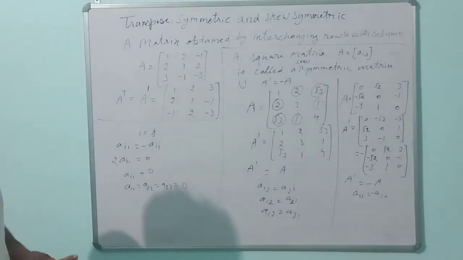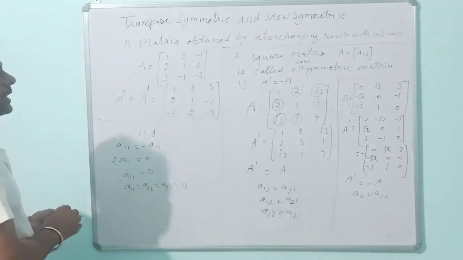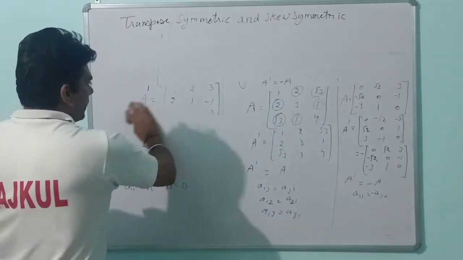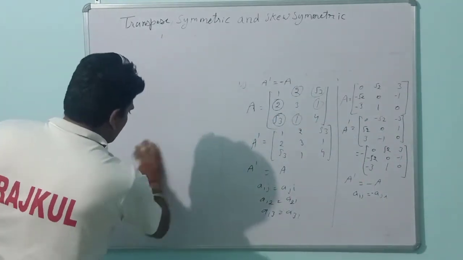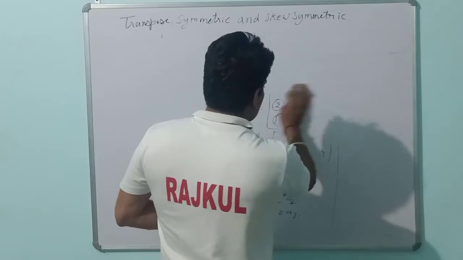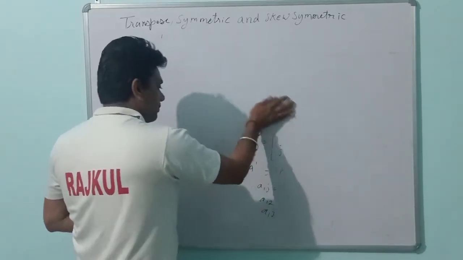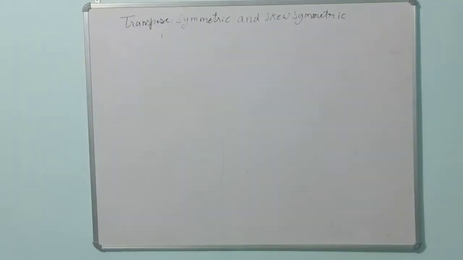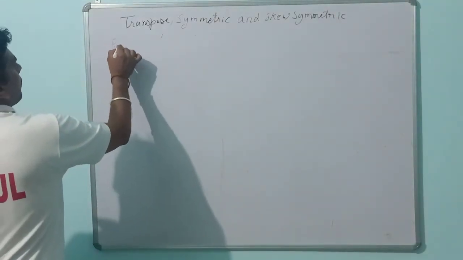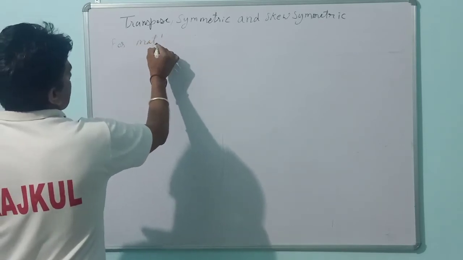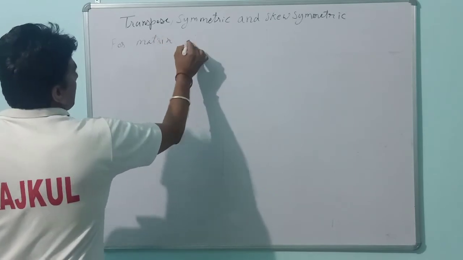So another theorem on this symmetric and skew symmetric matrix. If A is a symmetric matrix or skew symmetric matrix, how can we prove sum of symmetric and skew symmetric?